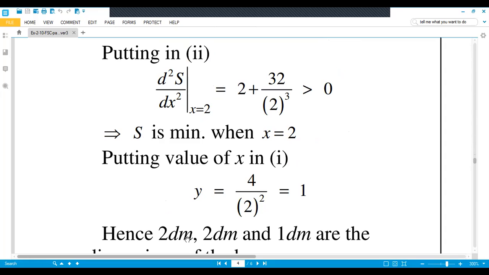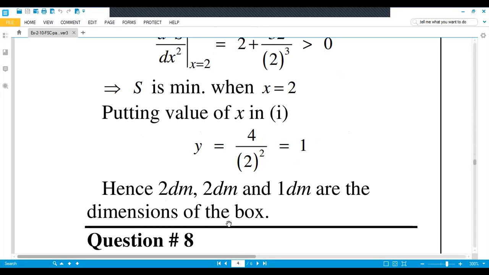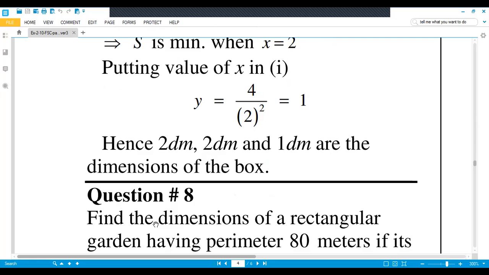So hence 2 decimeter, 2 decimeter and 1 decimeter are the dimensions of the box. Length and breadth both are equal to x, so 2 decimeter and 2 decimeter, and height is 1 decimeter.